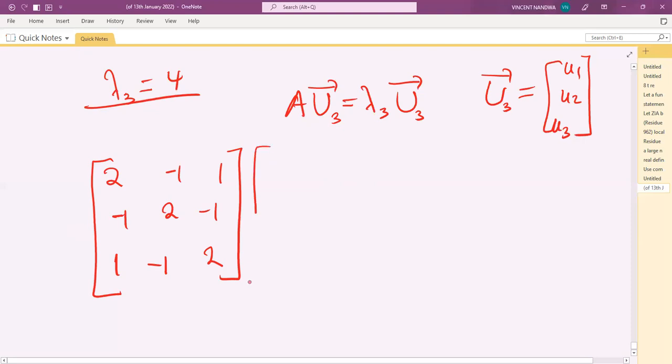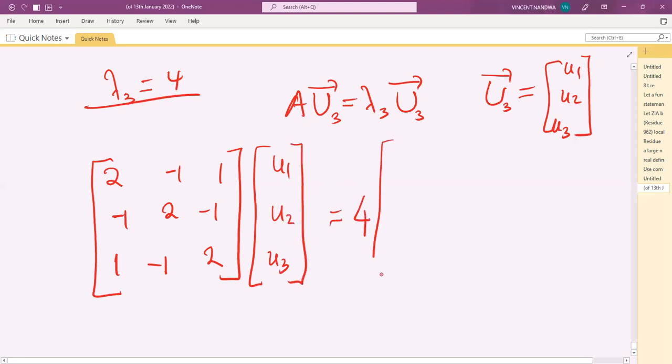You multiply this by U1, U2, U3, equals 4 times U1, U2, U3.